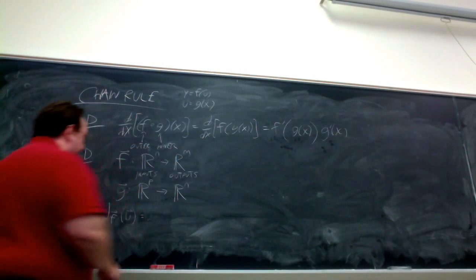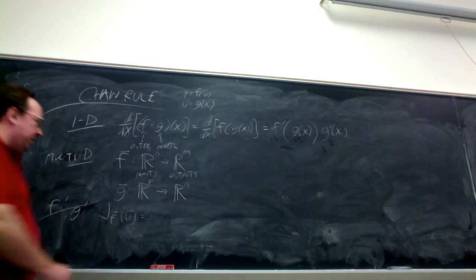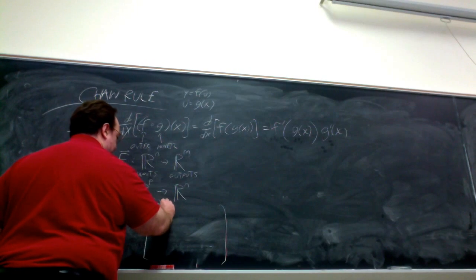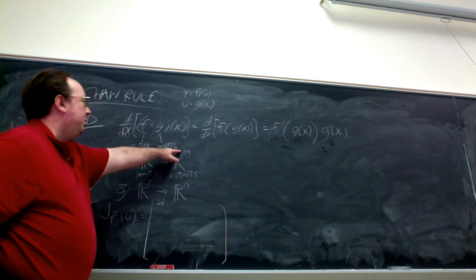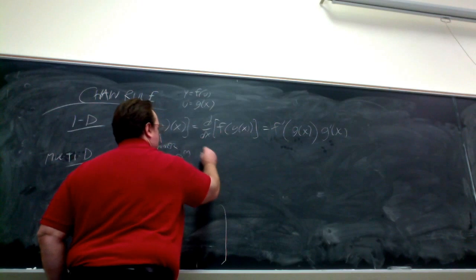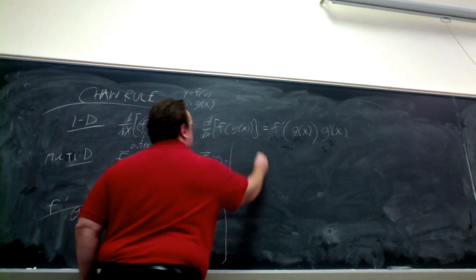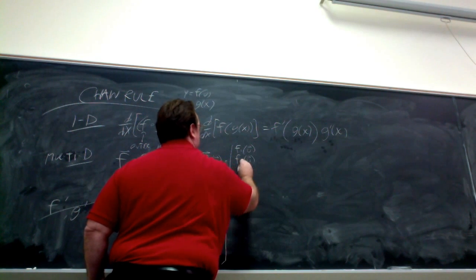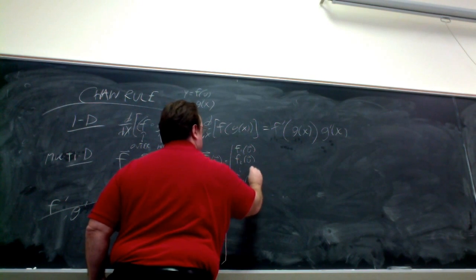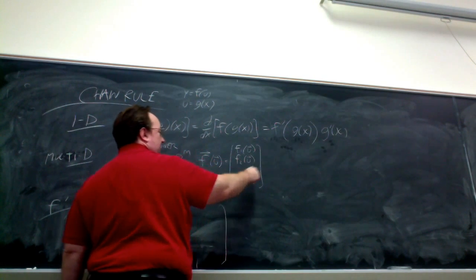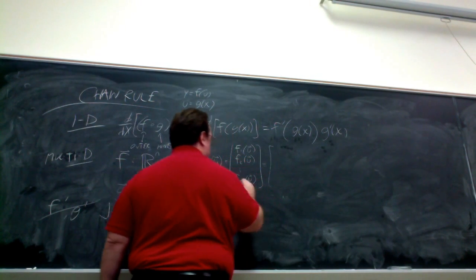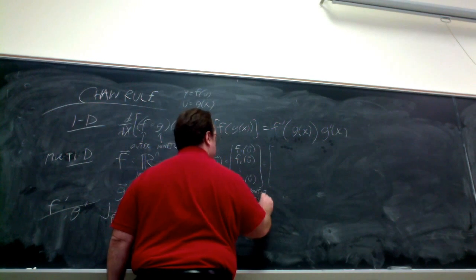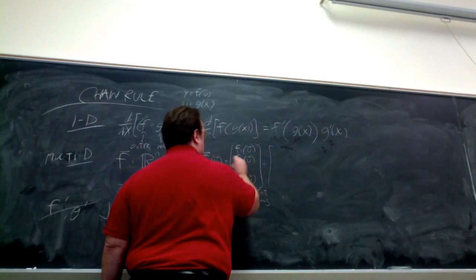So the derivatives of f with respect to u we arrange into a matrix. f has m outputs, which means that f has m component functions. And I'm going to use that term, component functions, fairly often this semester.